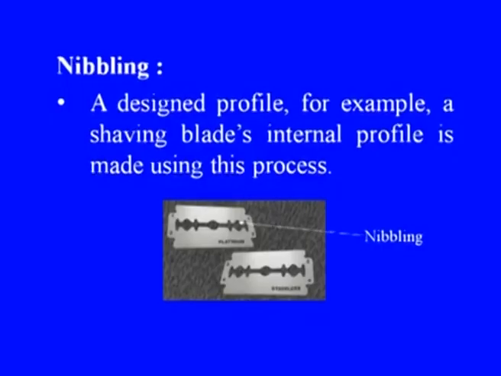A designed profile, for example, a shaving blade's internal profile, is made using this process. This profile is tiny, at the same time a bit complex. This is the process which is most suitable to carry out this manufacturing.